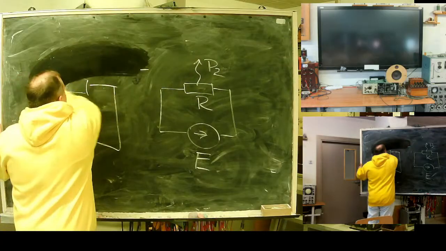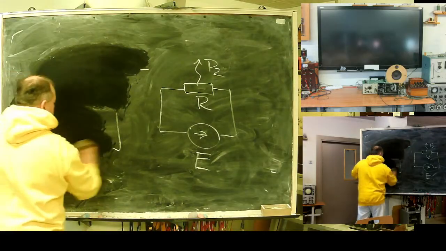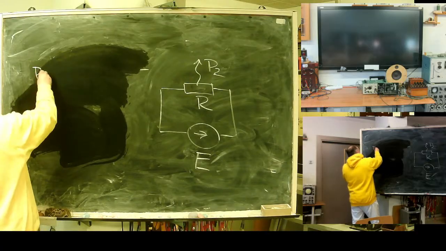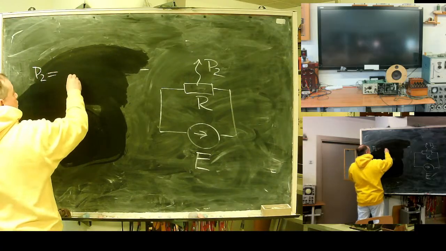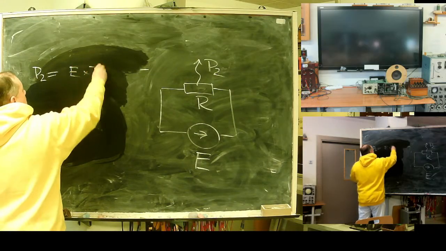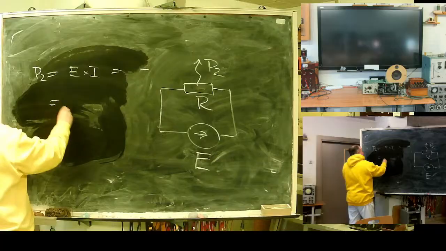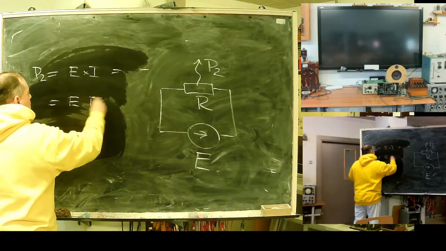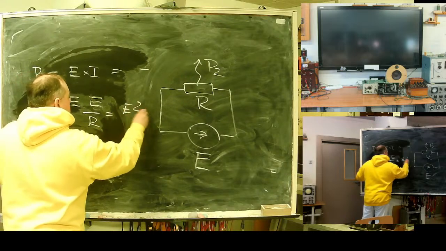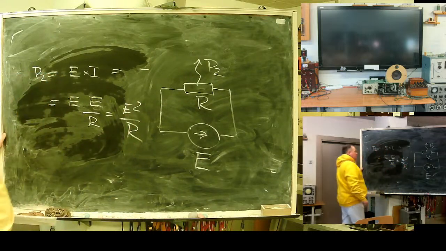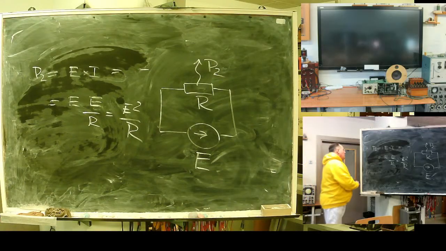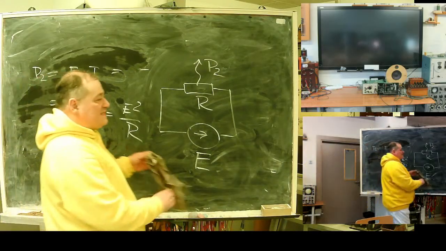What will I see on this side? P2 equals to E multiplied by current, or multiplied by E divided by R, so E squared divided by R. 100% clear. Now, what about the second one?